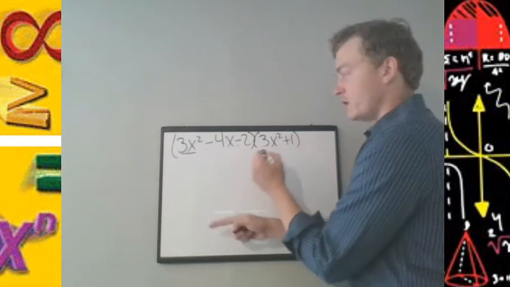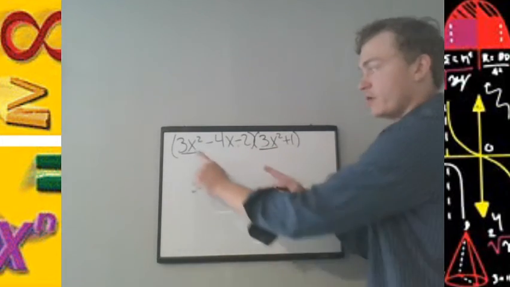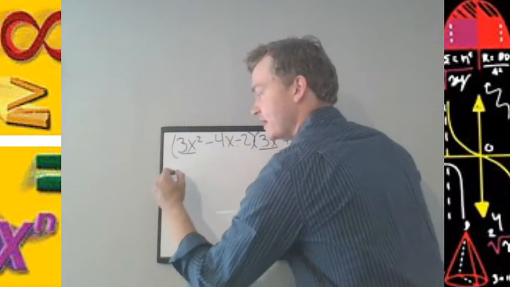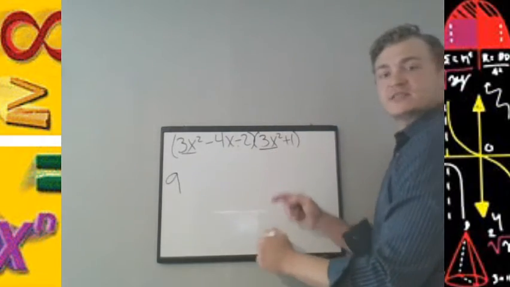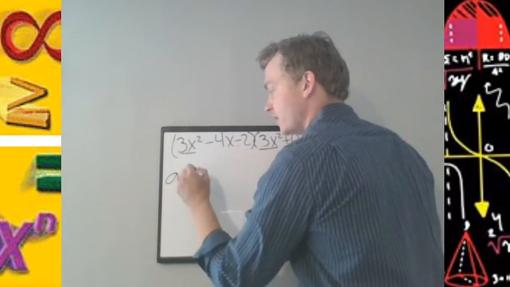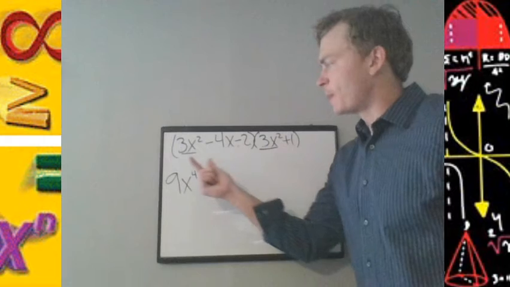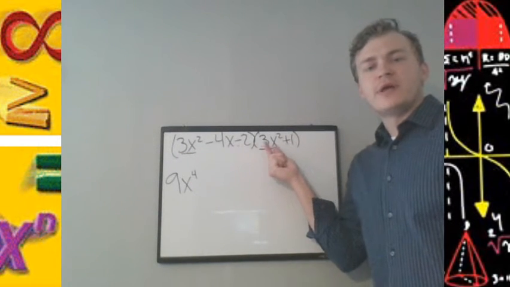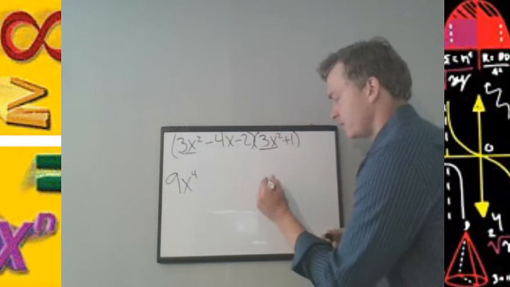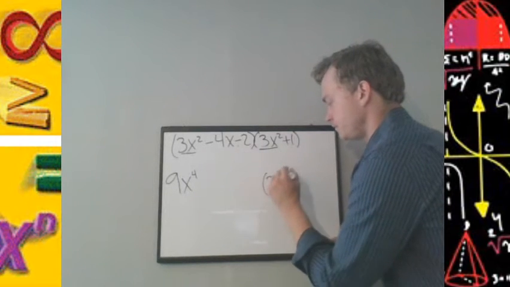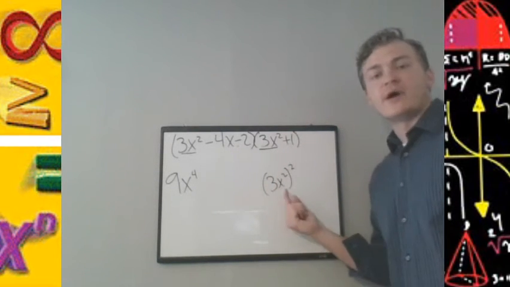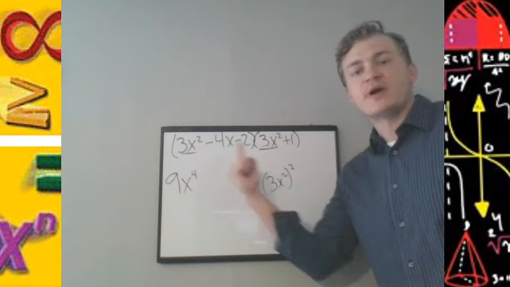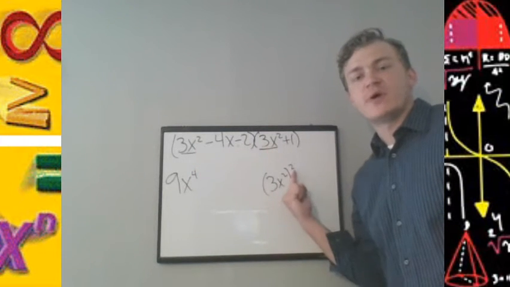3x squared multiply 3x squared. 3 times 3 is 9. X squared times x squared is x to the 4th. Also think of it as any number times itself, right? Any number times itself, we can write as that number squared. 3x squared times 3x squared is that number squared.